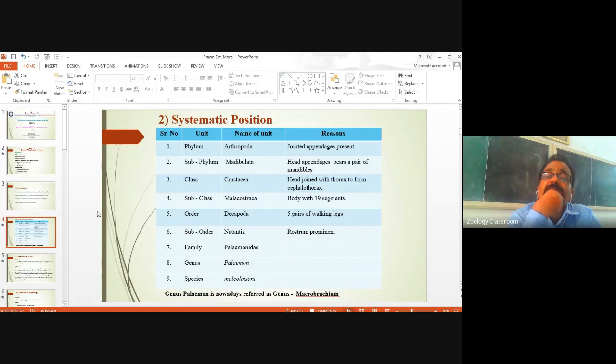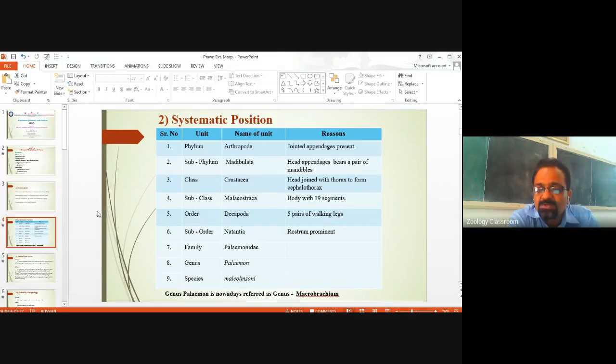Do you remember what type of mouth parts you studied last year? Because we are going to come across different types of head appendages, thoracic appendages, and abdominal appendages while studying this animal in detail. So I would like to know what mouth parts you have studied, and mandibles, as I have mentioned, is one of the mouth parts.